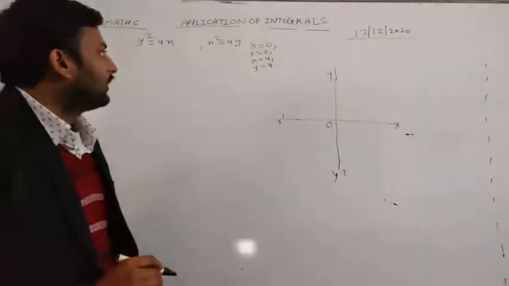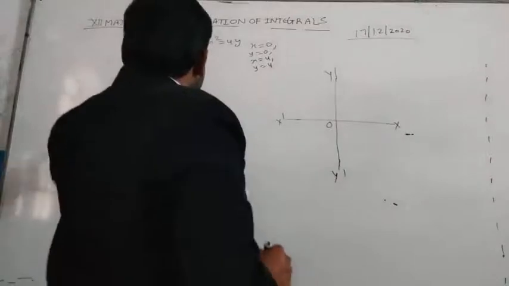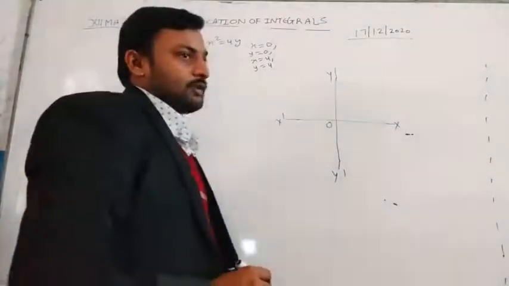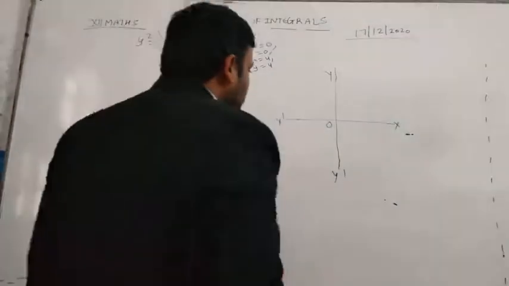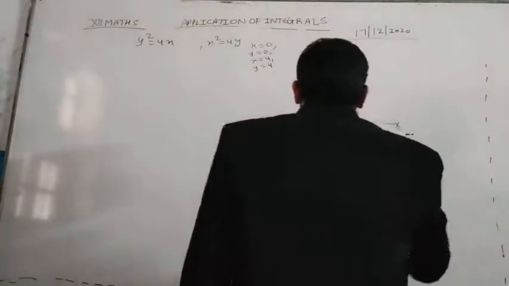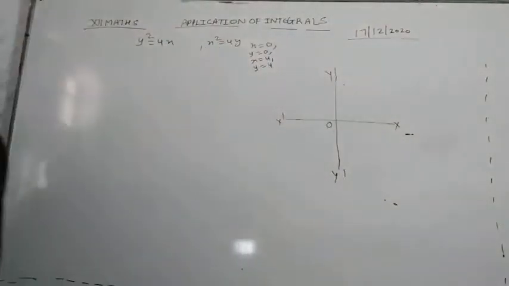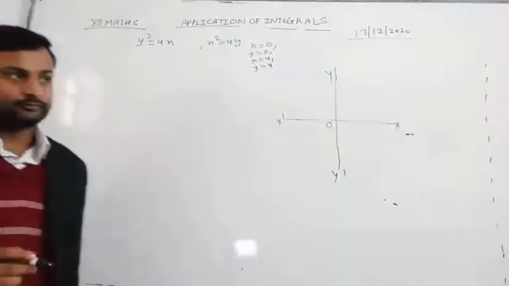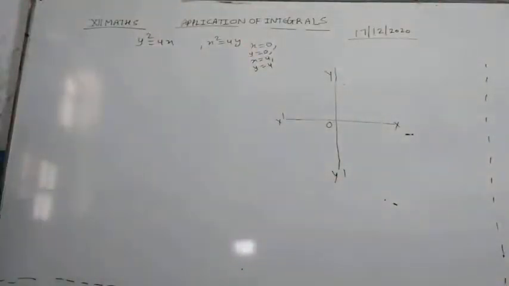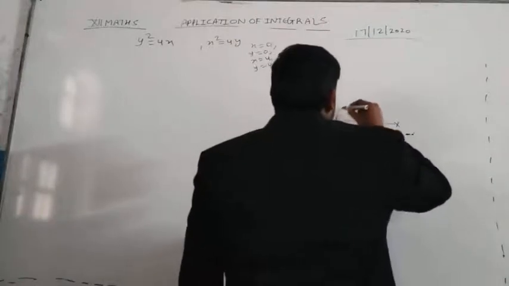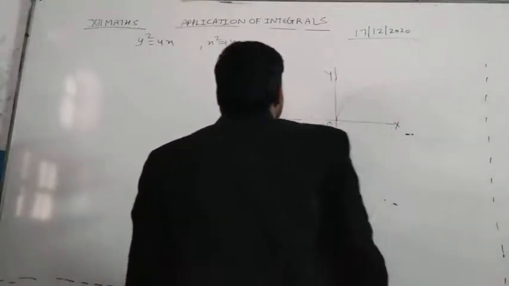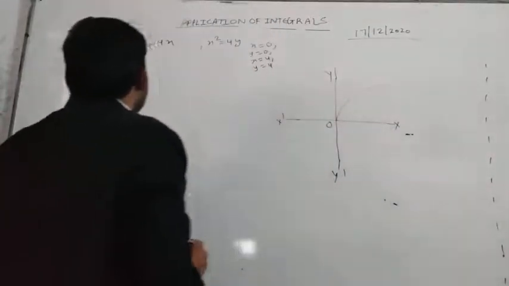Now student, the question says that y square is equal to 4x. So its graph will be like this, and x square is equal to 4y.